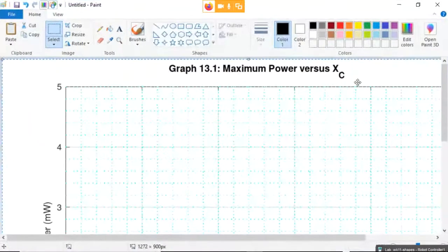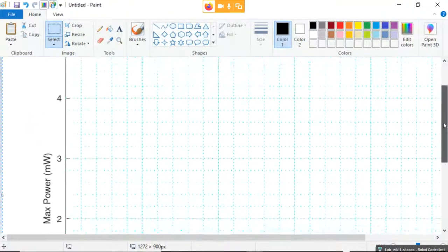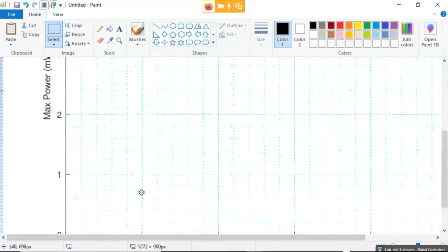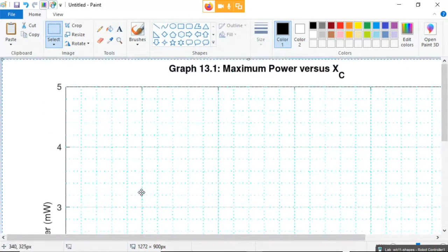Okay. And so I'm going to paste this chart, and then look at my table. In my table, I'm just going to pick some values here. Notice this is kiloohms. All right, so let's just say that I had 1,000 kiloohms, and it gave me like 3 millivolts.